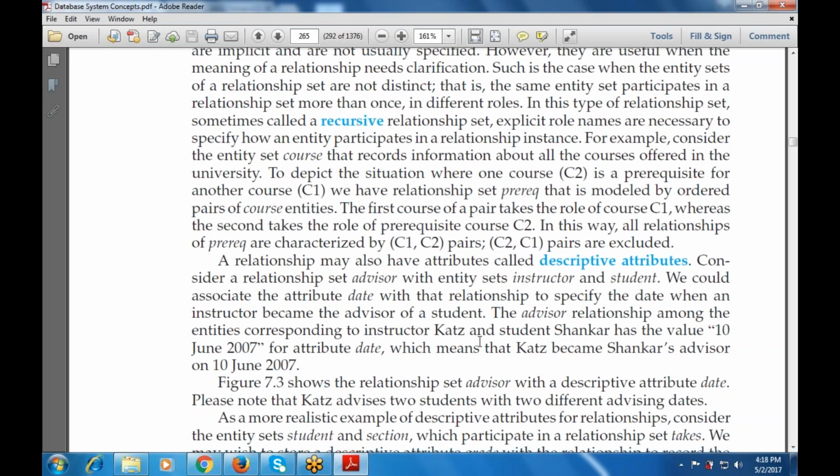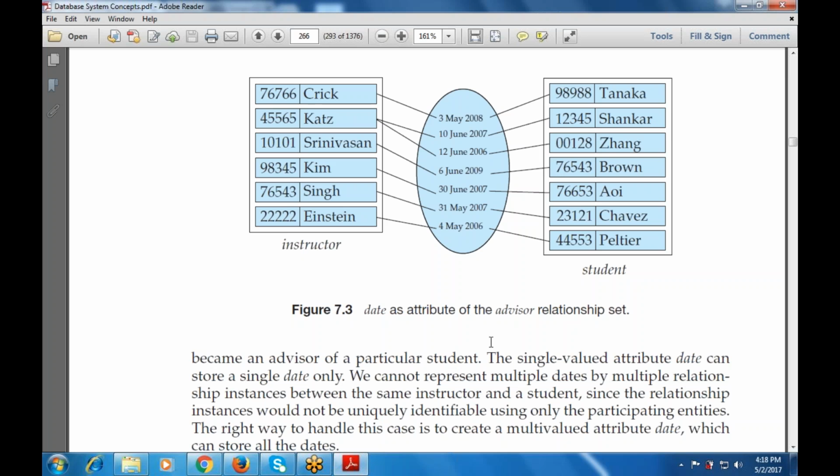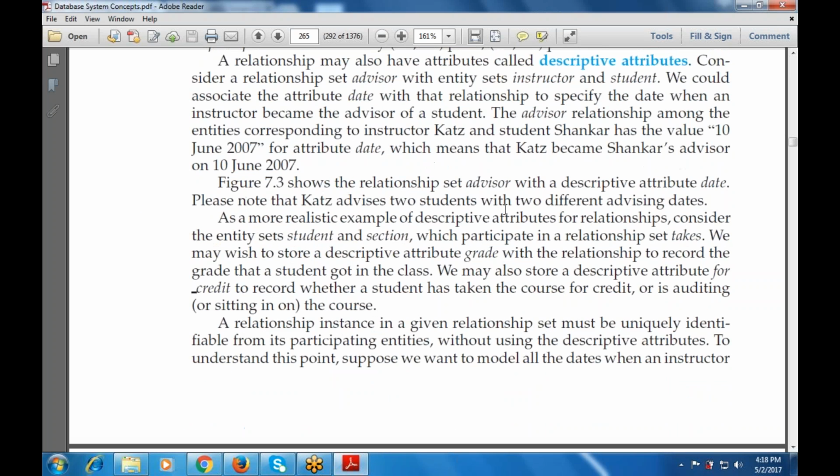The advisor relationship between the entities corresponding to instructor Katz and student Shankar has the value 10 June 2007 for the attribute date, which means that Katz became Shankar's advisor on 10 June 2007. Now this figure represents the relationship between the date and the advisor.